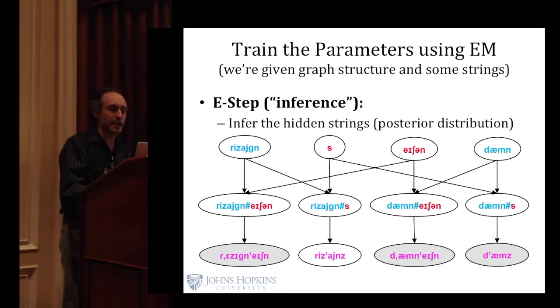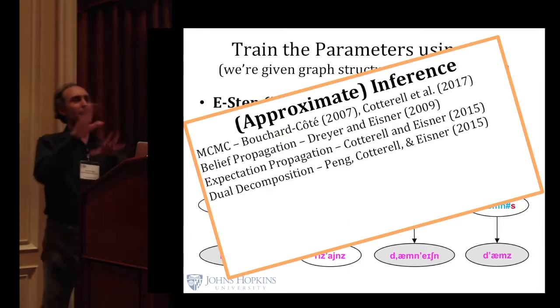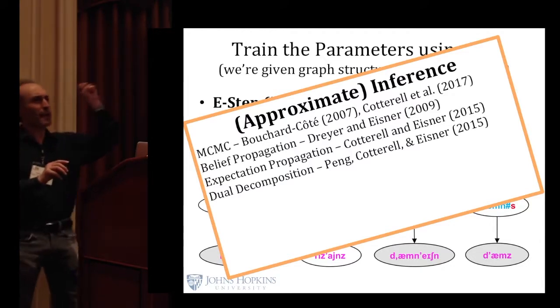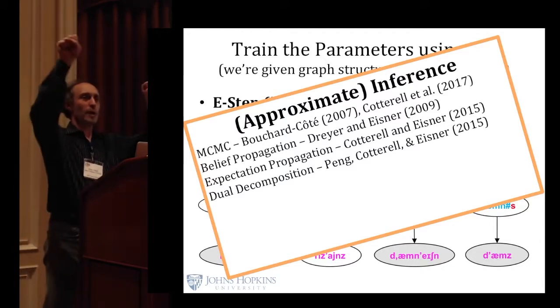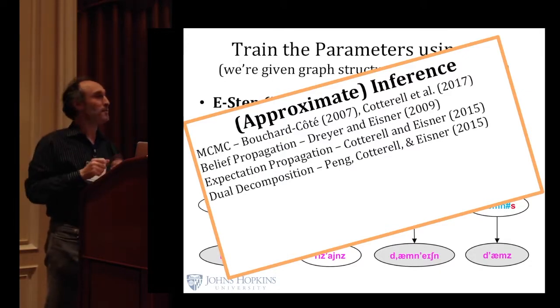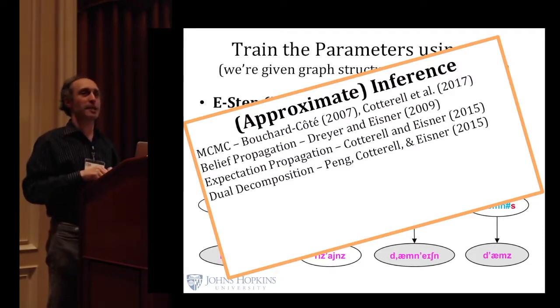MCMC is a pretty general approach to inference in probabilistic models. It randomly walks around the space of reconstructions, saying, well, here's my current guess for this UR, so what's a compatible guess for that UR? The problem is that this may mix slowly, and in a model like this, you actually get lock-in.